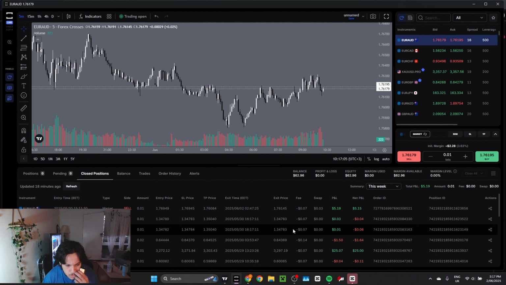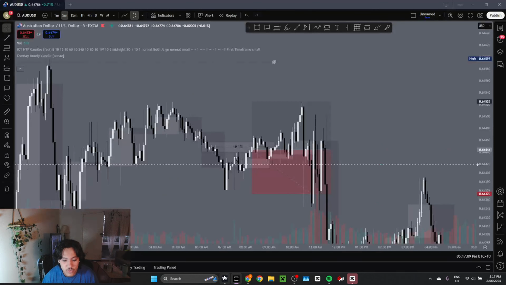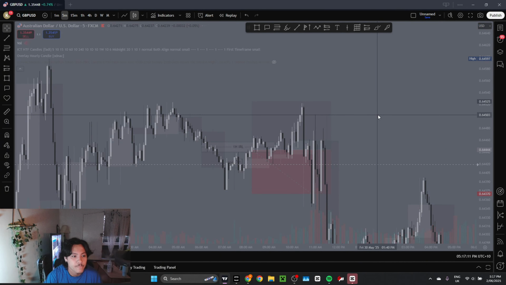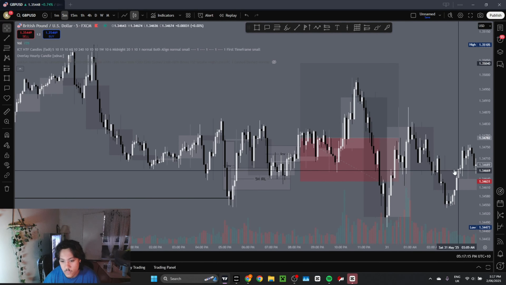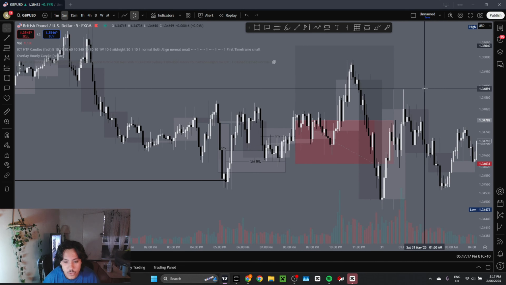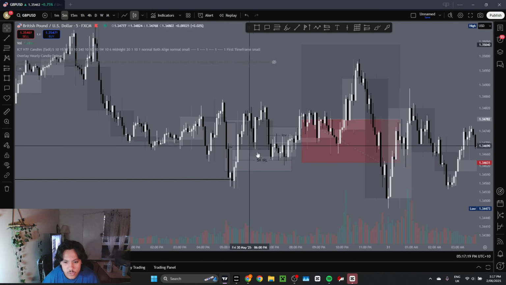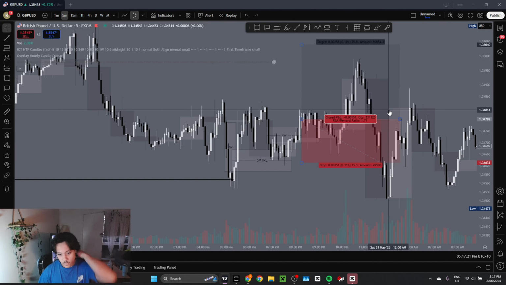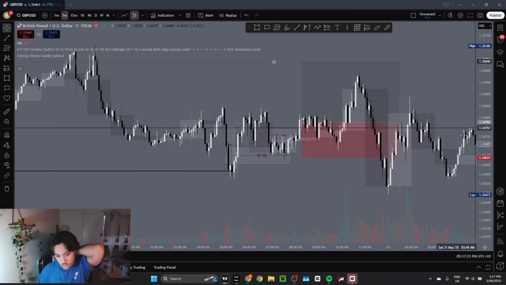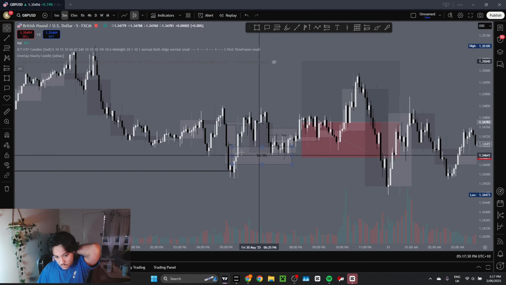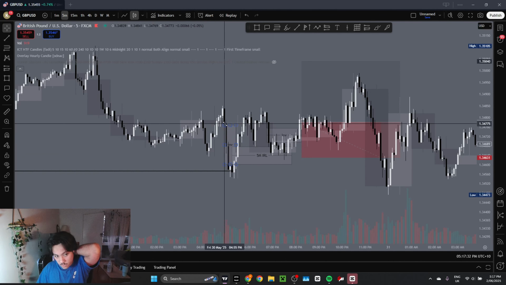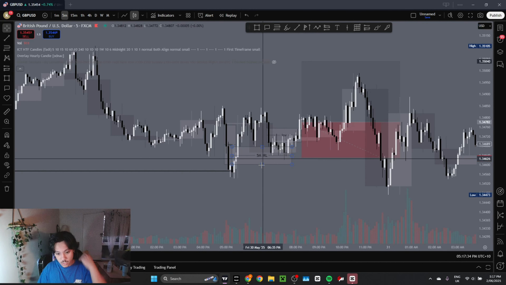This was a, I don't know. Let's have a look. Okay, so this was type 2 also, I think. And then, yeah, liquidity sweep, we inverted this 5 minute internal range liquidity.